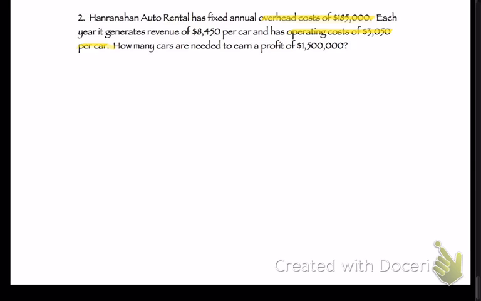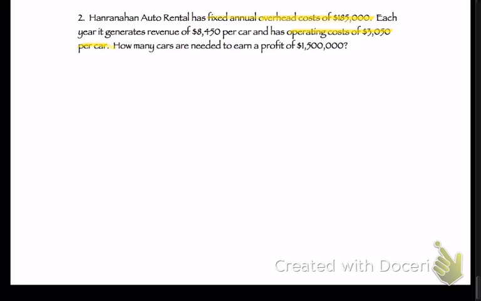So notice it says that it's a fixed annual overhead cost. So one-time deal. Fixed annual overhead cost. And then I have an operating cost of $3,050 per car.